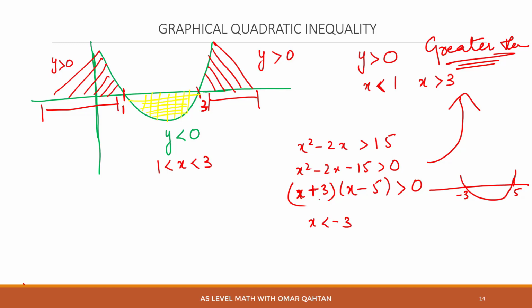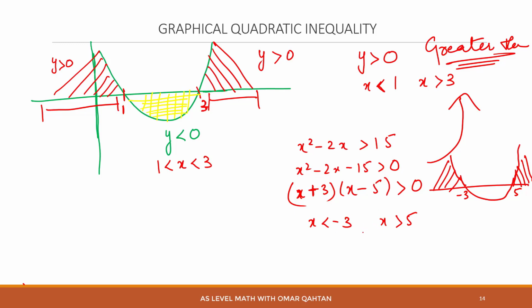Remember the sign change: because we have plus 3, I write minus 3, and if I have minus 5, I write plus 5. Now the important thing is that the part is greater than, so definitely the greater than part is this one. So I am going to write x less than minus 3 and x greater than 5. So these will be my true values.